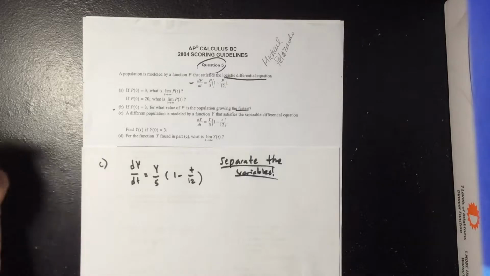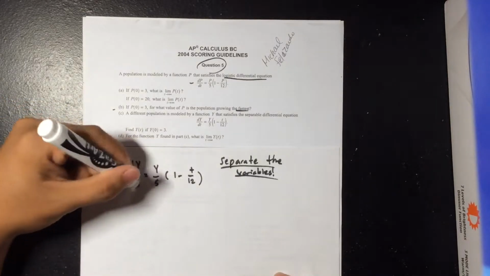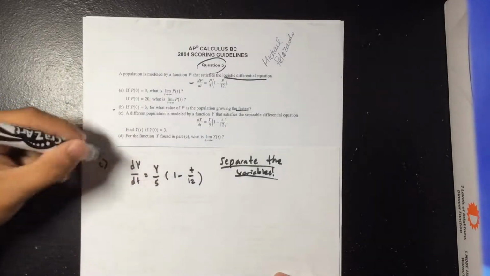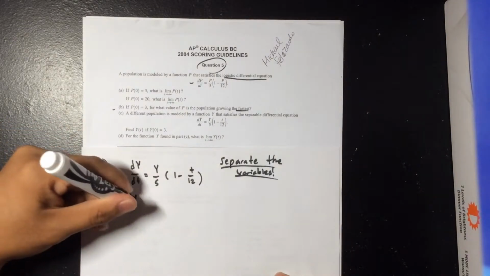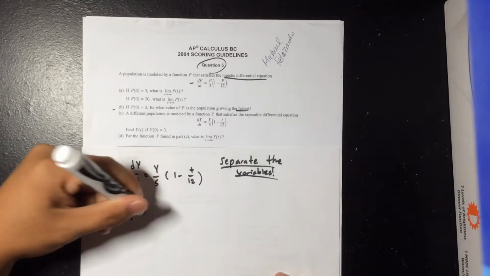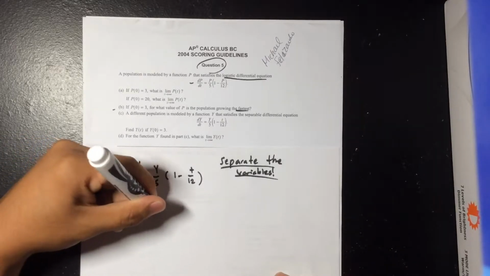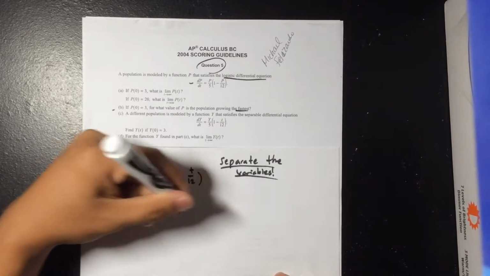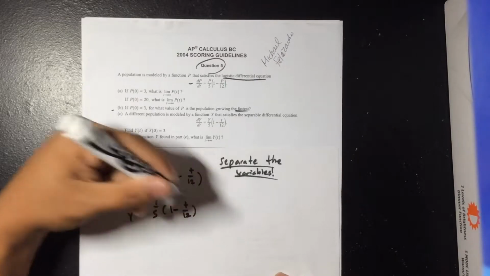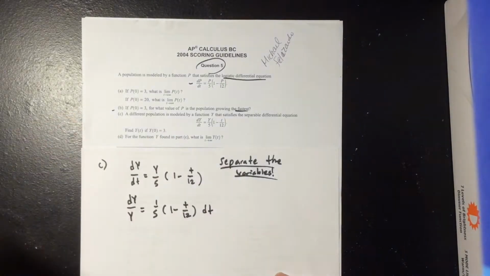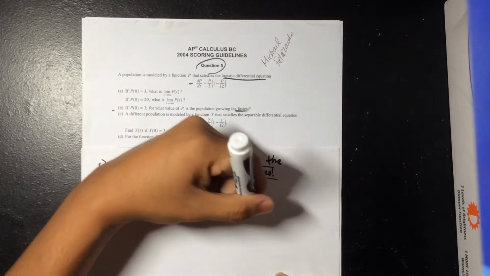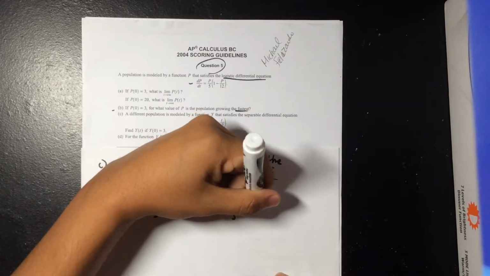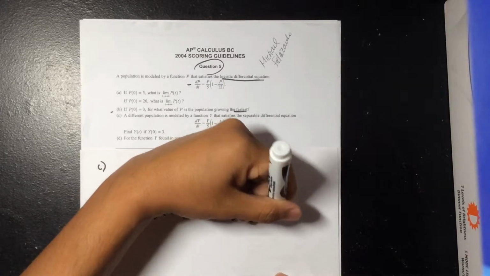So, separate the variables: we can divide by y on both sides, and multiply by dt on both sides, so that we get dy over y is equal to 1/5 of 1 minus t over 12 dt. I'm just going to distribute this real quick so we get 1/5 minus t over 60 dt.